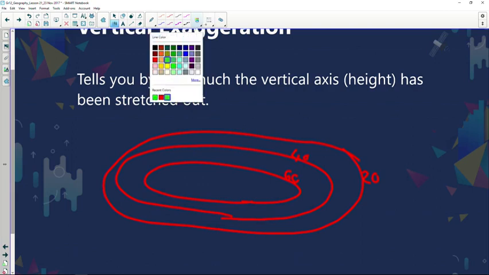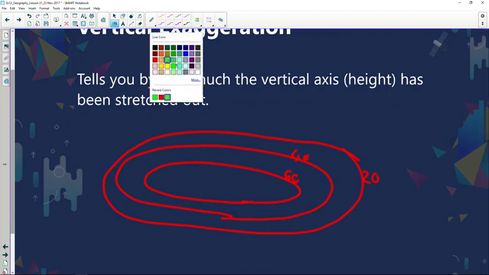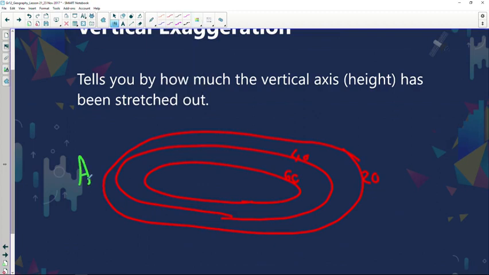And I'm asking you to construct a cross-section from A to B. Now, the way we represent a cross-section is on a graph.